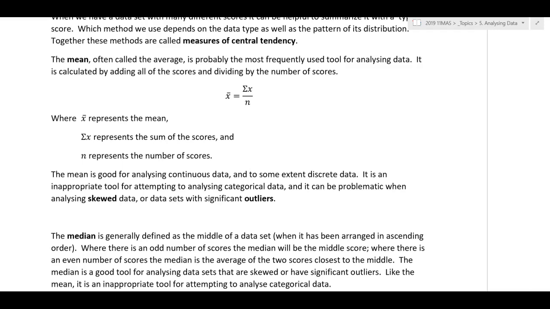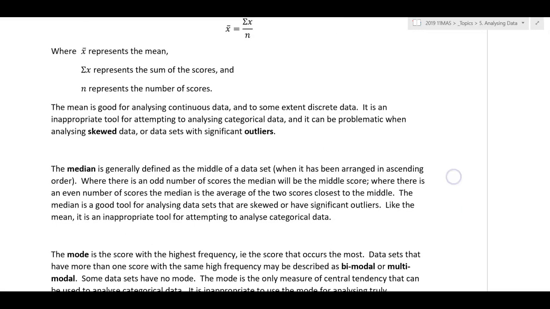Now, we avoid that misleading aspect of the mean by using this thing called the median, which is the middle of a data set. It might be the middle score where I've got an odd number of scores, or it might be halfway between the two scores closest to the middle when I have an even number of scores. Okay. So the median is particularly good when we have this imbalanced data, skewed data, or data with outliers in it.